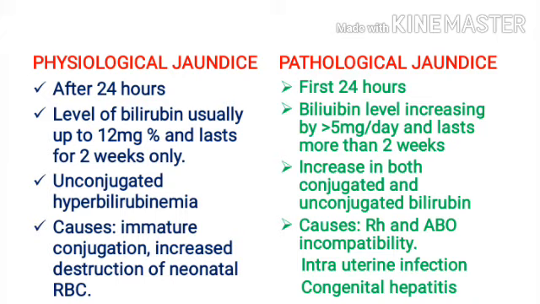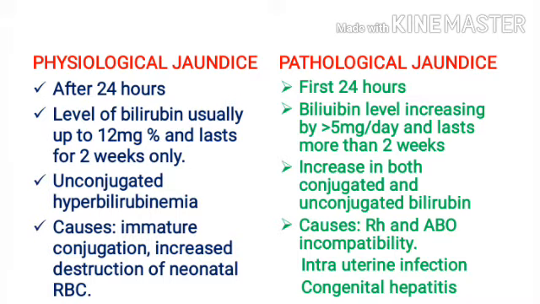Physiological jaundice appears usually after 24 hours of birth. If a newborn is born with jaundice, that is not a physiological jaundice, that is a pathological jaundice. So pathological jaundice usually appears within the first day of birth or within the first 24 hours. That is the first difference.